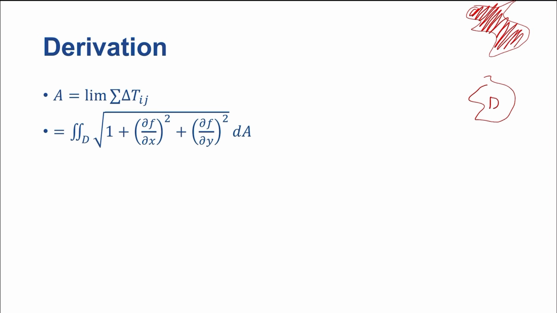So I take the integral over the domain of the square root of 1 plus partial f partial x squared plus partial f partial y squared, all with respect to an area element. Now, that is how you would find the surface area.